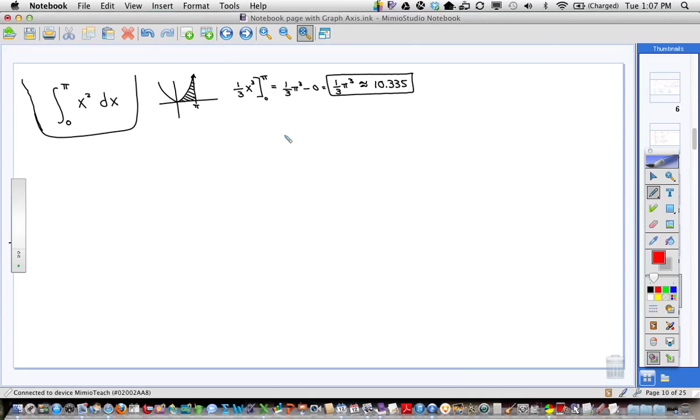That'll give us a nice comparison, because remember, when we do an integral, antiderivative and integral are not the same thing. An integral is the area under the curve from 0 to pi. There are 3 ways we can find it. One is geometry, which doesn't work on this one. Another is fundamental theorem part 2 with an antiderivative, which works here, but not if you can't do the antiderivative.